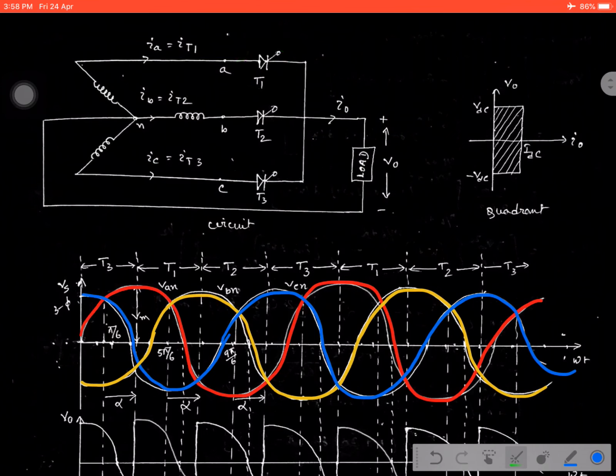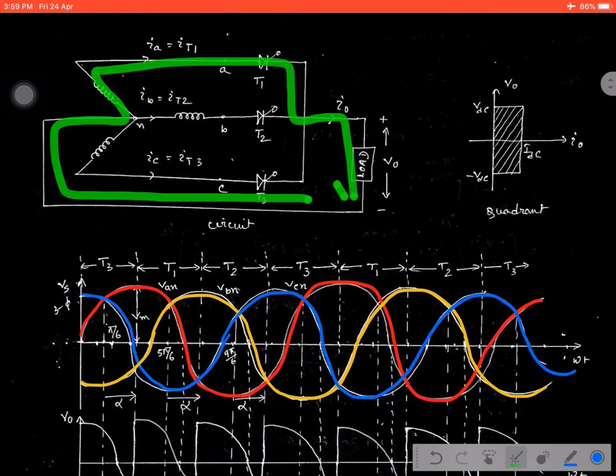Then the inductor tries to discharge. And as we know, the inductor charging and discharging path are both the same. That is why when the inductor is completely charged and during the T1 off position, the polarity of the inductor will change, then the inductor tries to discharge in this way, right? In this way, the inductor tries to discharge.